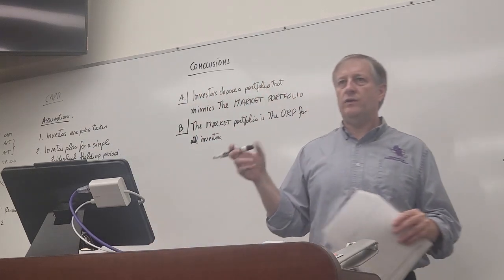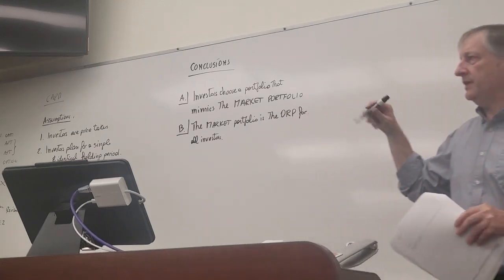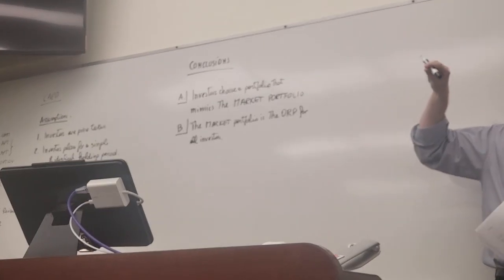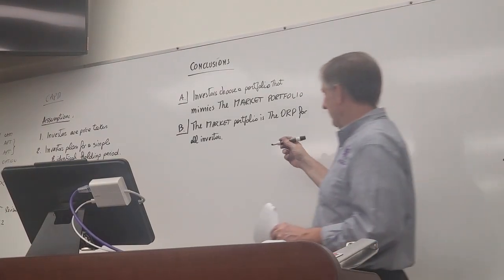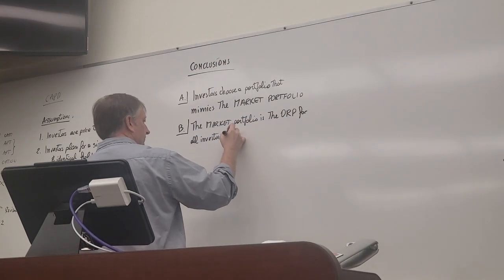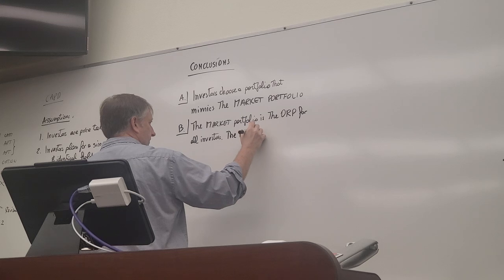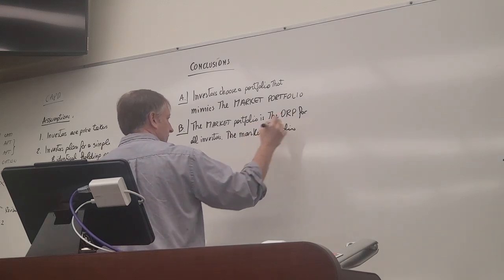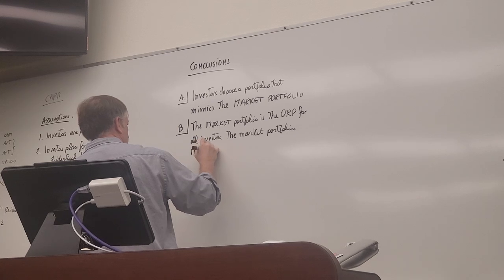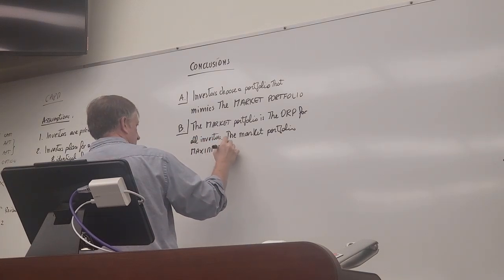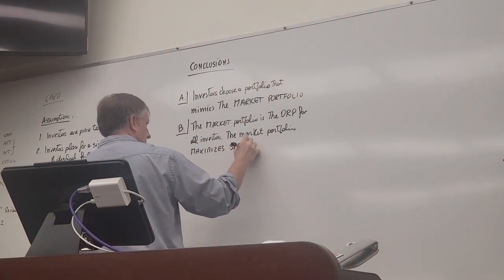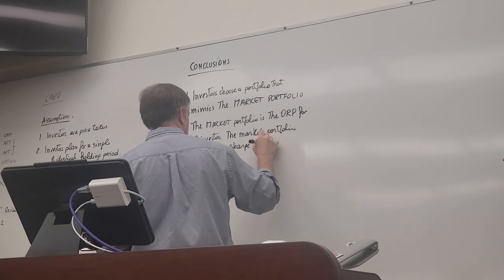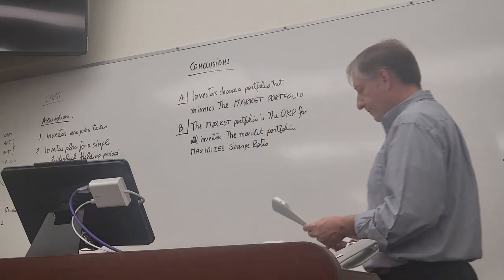If you remember, how do you find the ORP on the frontier? By maximizing what? The Sharpe ratio. So just make an order here: the market portfolio maximizes the Sharpe ratio. That's how we find it.